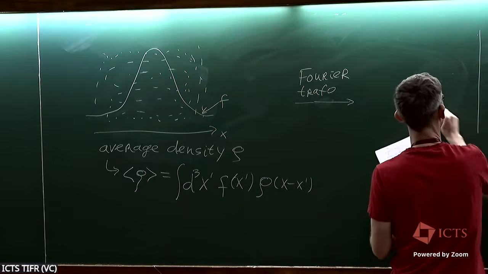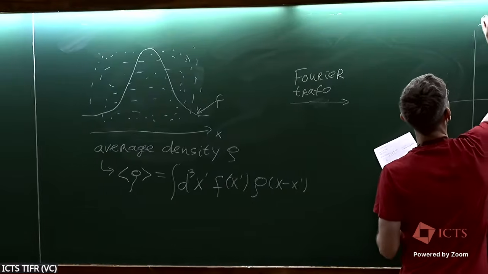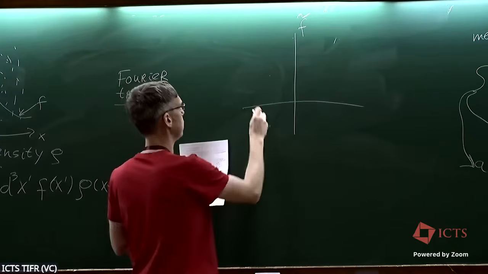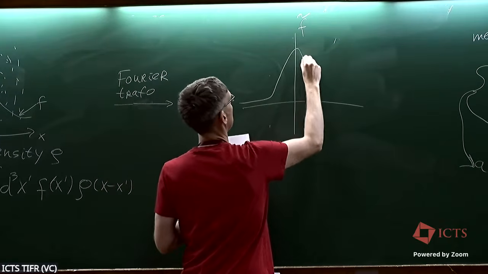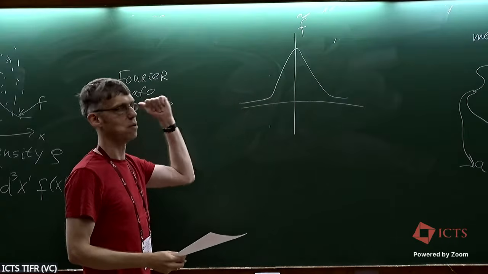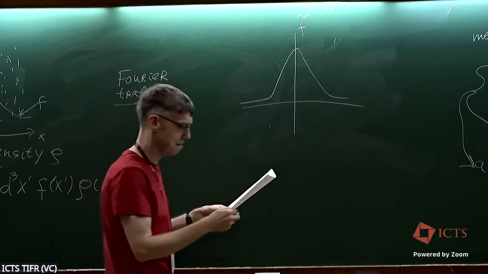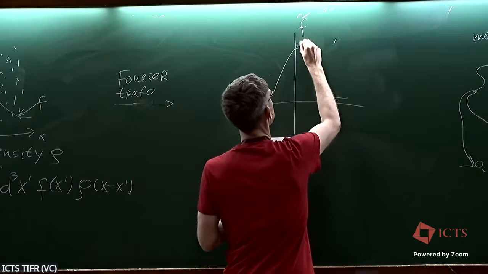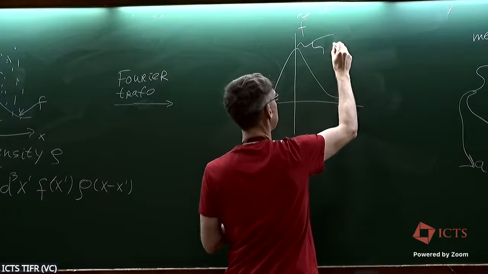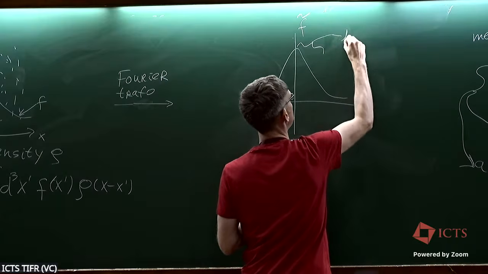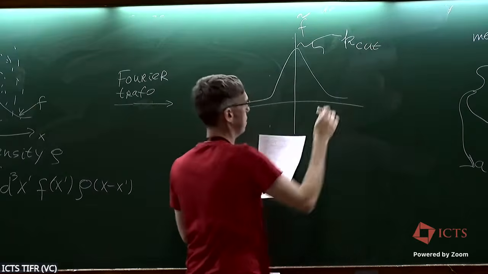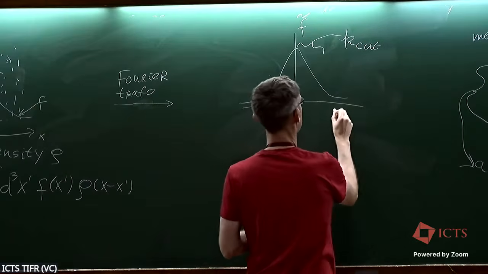So in Fourier domain, again, let me put a tilde on the f, on the averaging function. You would still have something like this. So if you Fourier transform a Gaussian, you still have a Gaussian. And the width of that Gaussian kind of defines a cutoff scale. So let me call that k cut for cutoff.